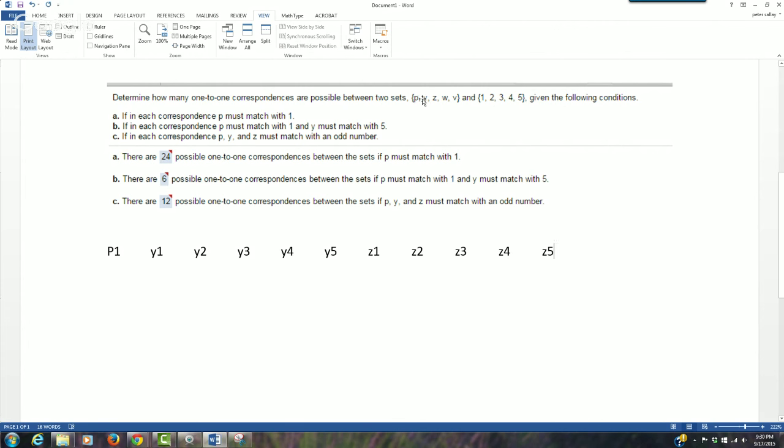So that puts me at 20. And where am I missing the other 3? I've got to think this through here. If P must match with 1, so there are maybe 24. No, it should be 24. I'm trying to think where the other ones are coming from. All right, so here's 5. There's 5, 10, 15, 20.